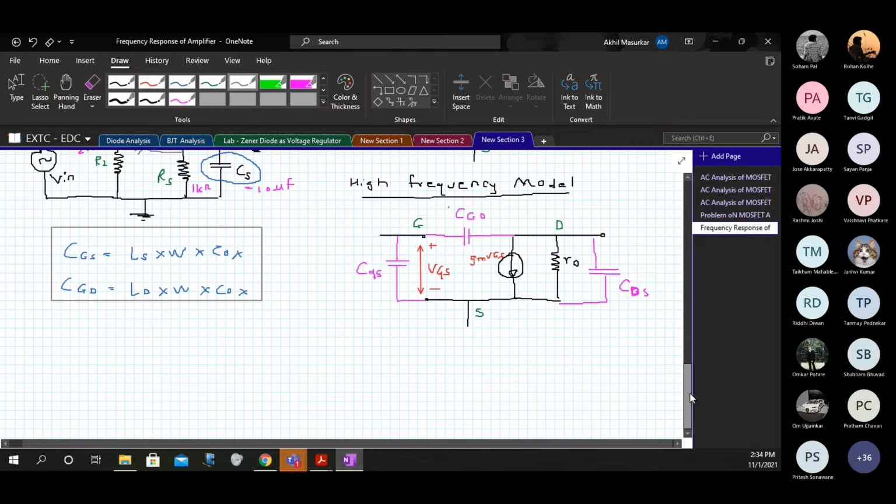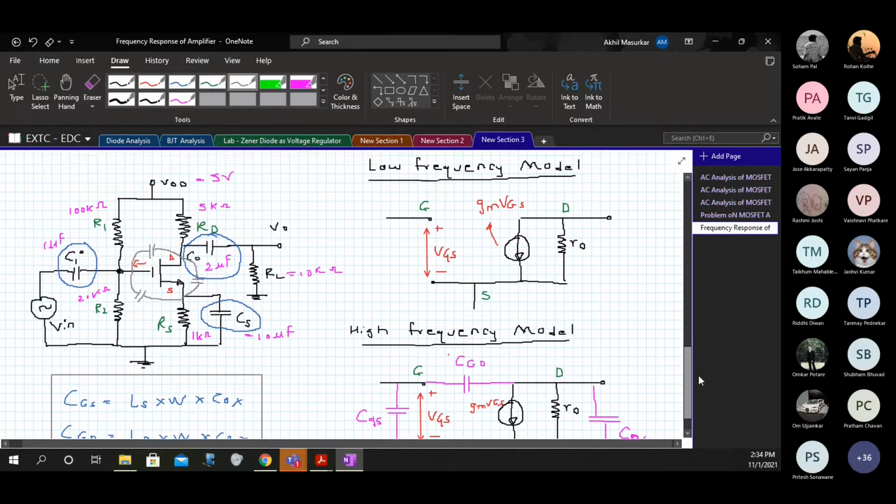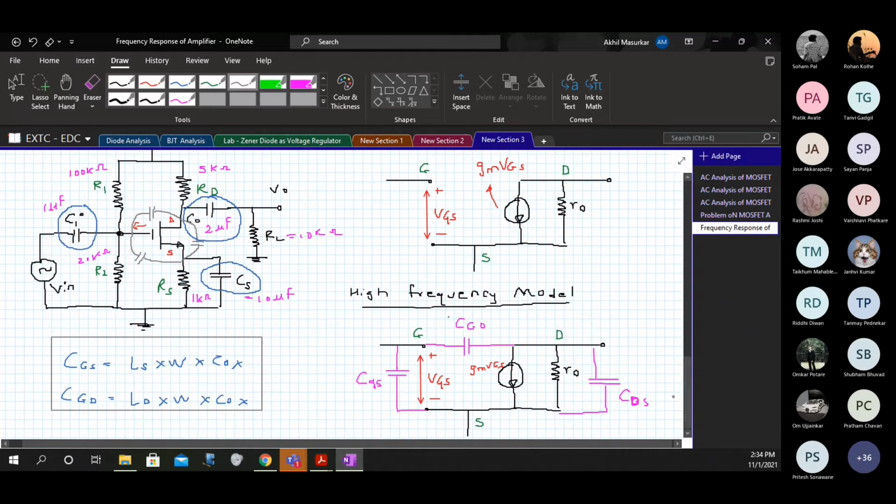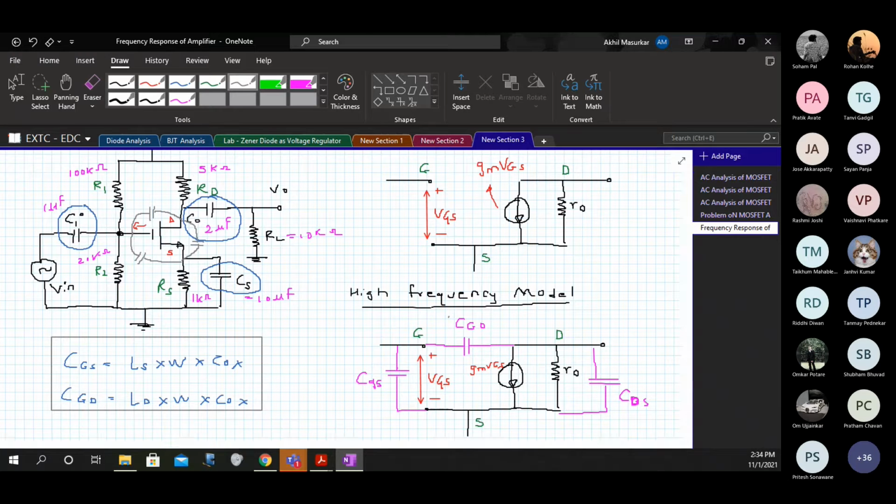That is the question. So what I want you to do is, first you note down the low frequency model and the high frequency model, and then you try to show this CGD, CDS and all this, and whether we should consider it on input side or output side. That is the question.